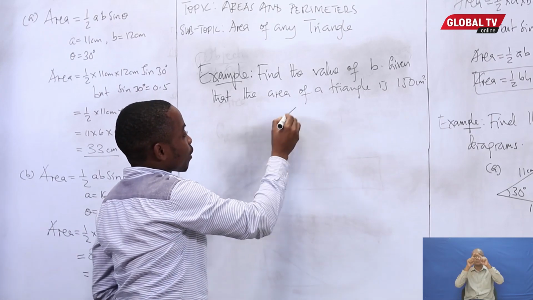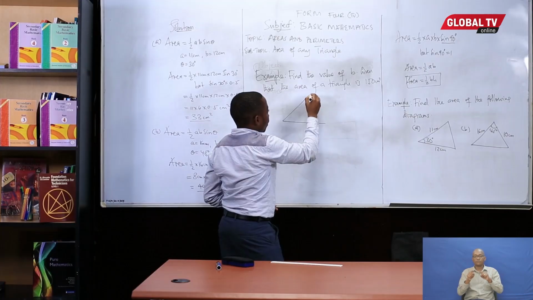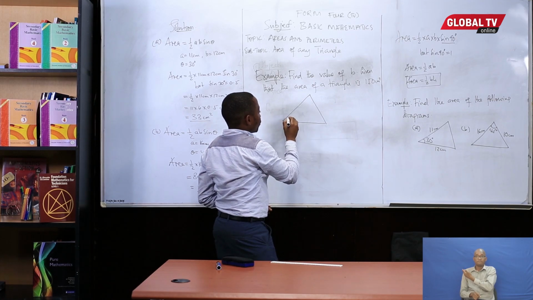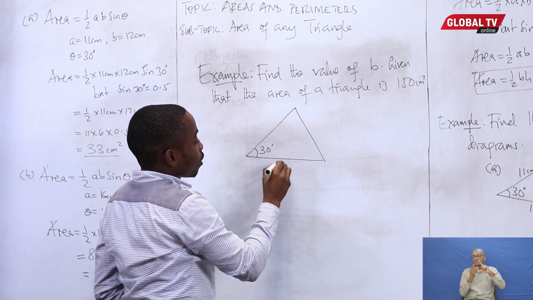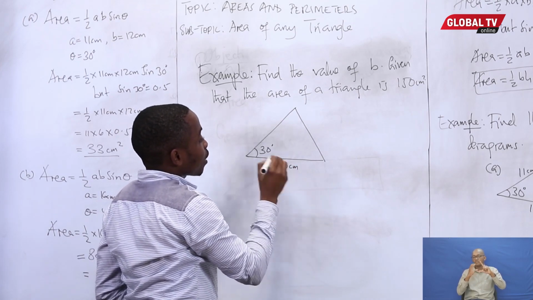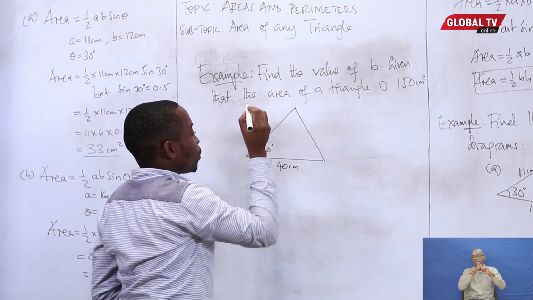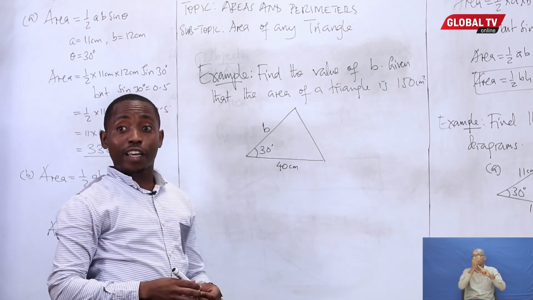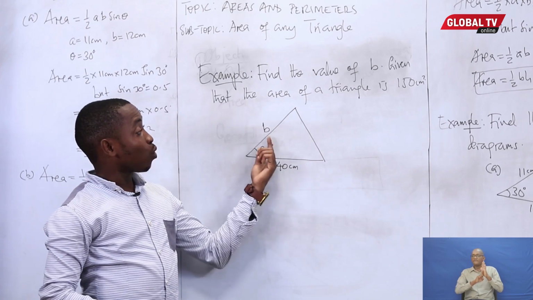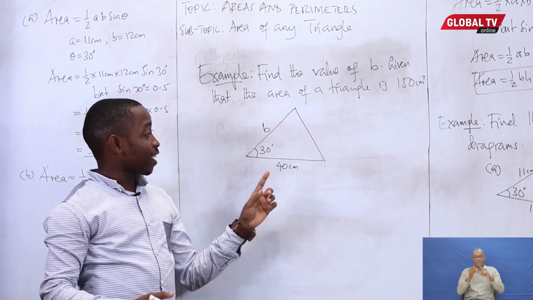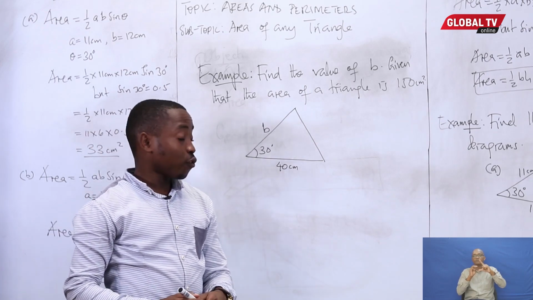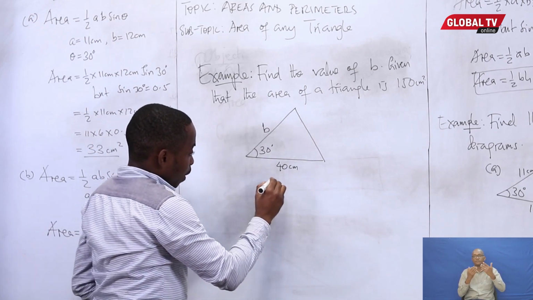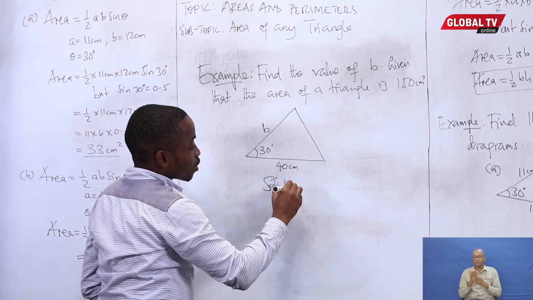Our diagram is like this. The angle between the sides is 30 degrees. You have the first side, which is 40 centimeters, but the second side is B. So we need to find the value of B. Now, we can do the same by using our formula.